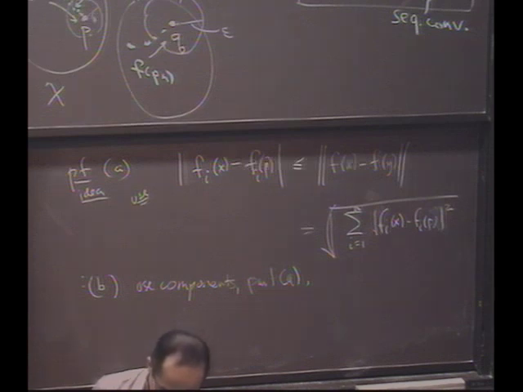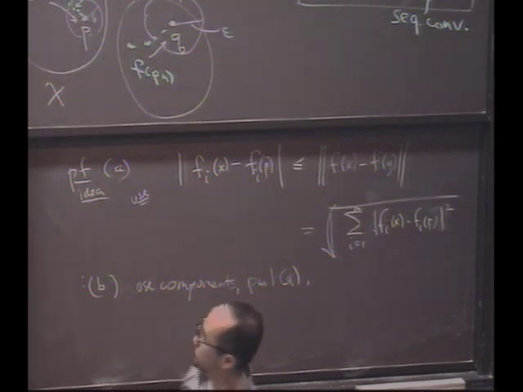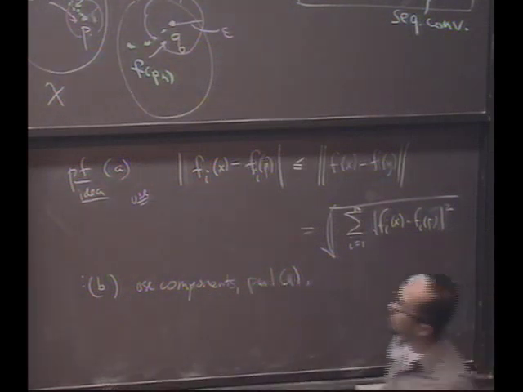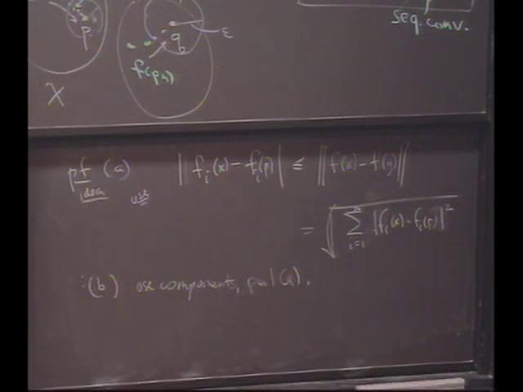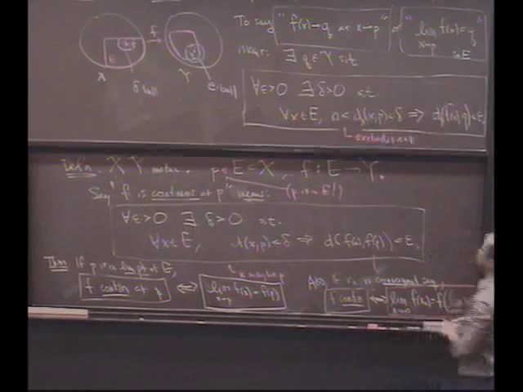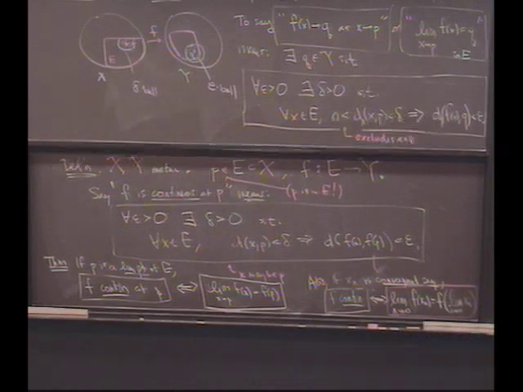So, what do we know so far? Well, we know what it means for a function to be continuous. We have two different characterizations of continuity. We have a characterization involving epsilons and deltas. You give me an epsilon, I'll find you a delta.